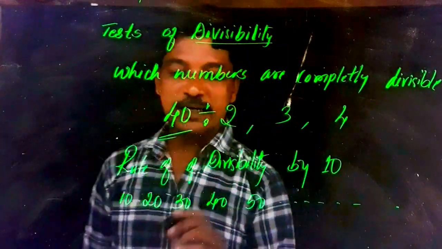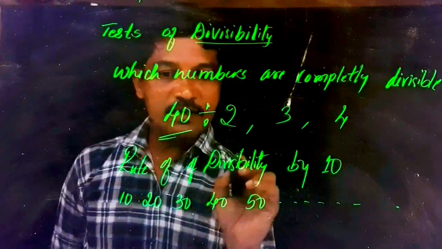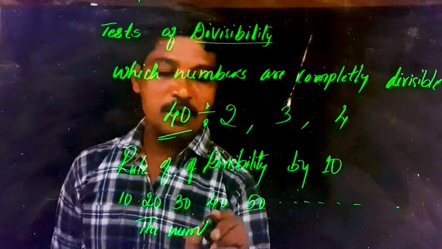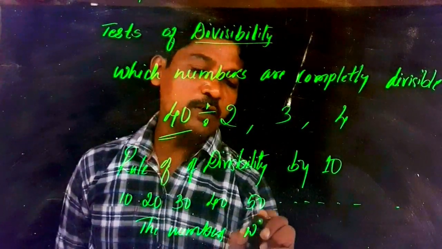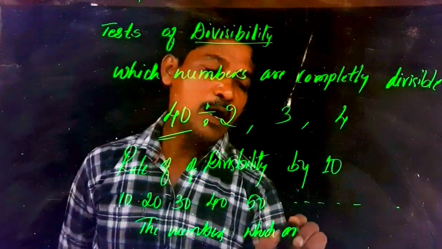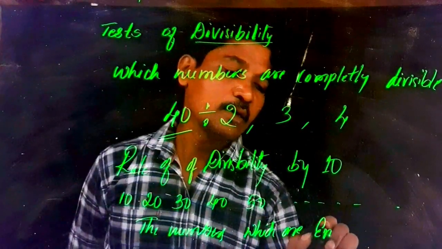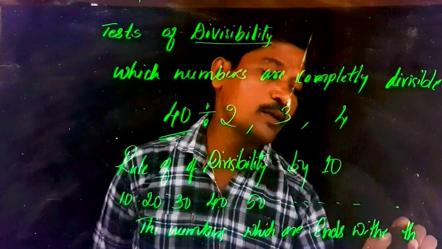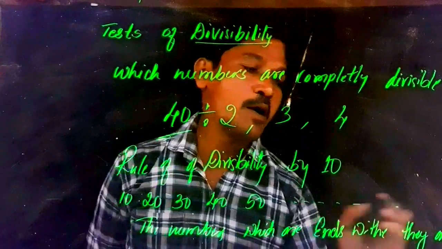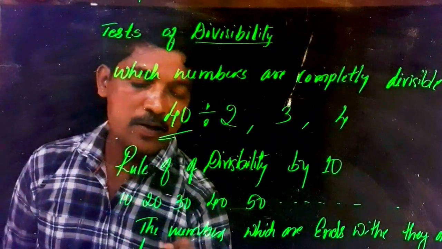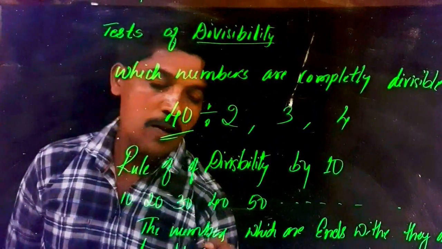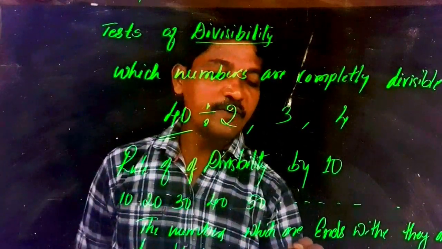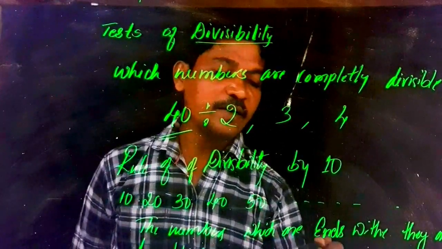Therefore, we can tell that the numbers which are ending with 0, or end with 0, they are divisible by 10. Take some examples. 340 divided by 10.